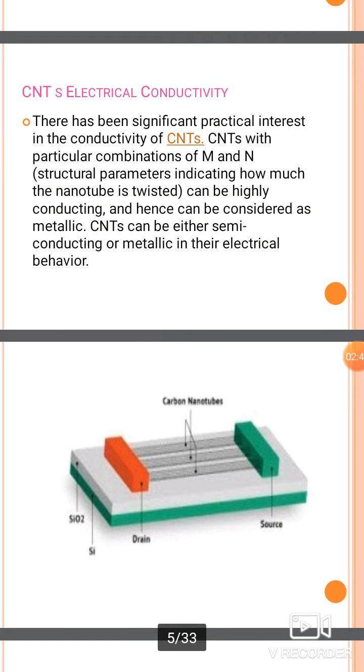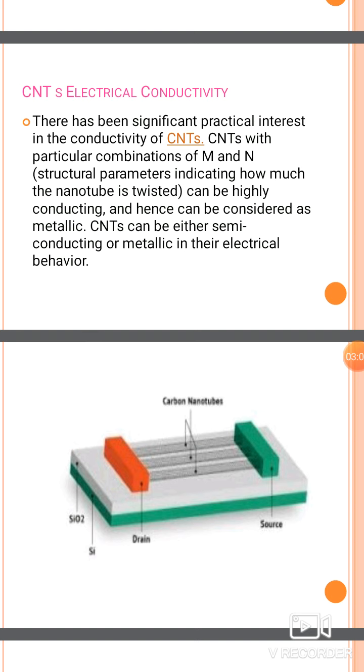And the next one, CNT electrical conductivity. There has been significant practical interest in the conductivity of CNTs. CNTs with particular combinations of M and N structural parameters, indicating how much the nanotube is twisted, can be highly conducting and hence can be considered metallic.